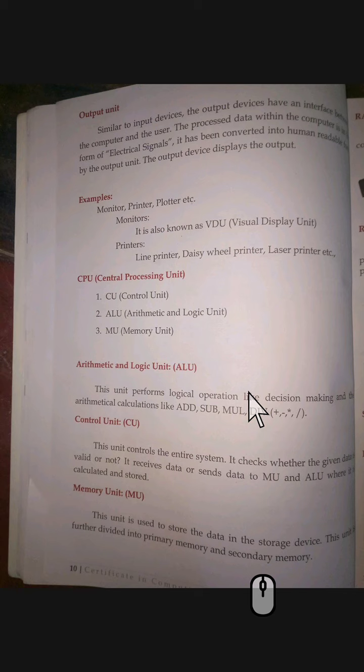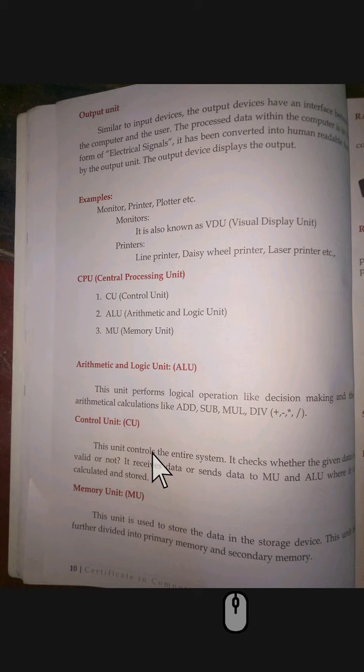Next one, the control unit controls the entire system. It checks whether the given data is valid or not. Example, if you give 5 minus 2, it is correct. Unfortunately, if we give 2 minus 5, it is wrong. So the control unit only checks that we are giving the correct input and getting the correct output.